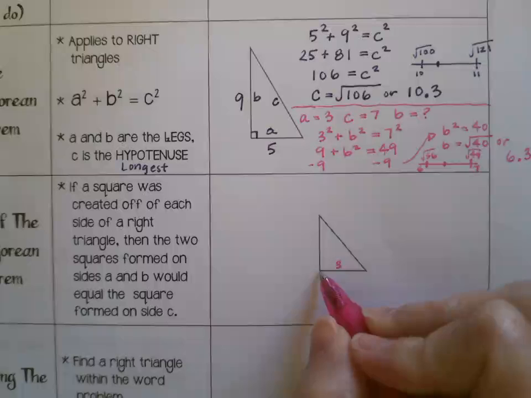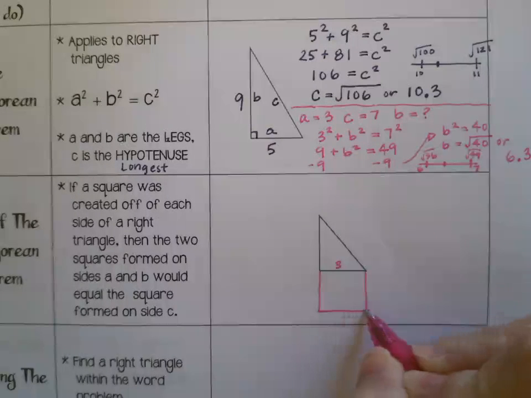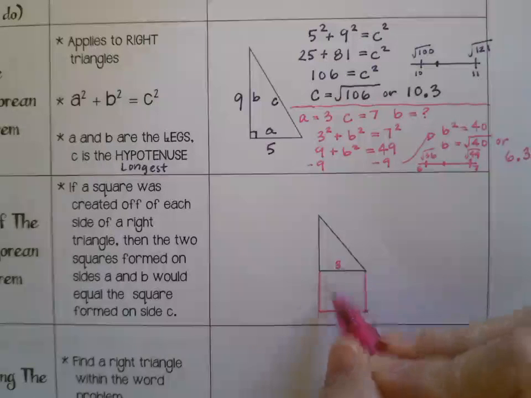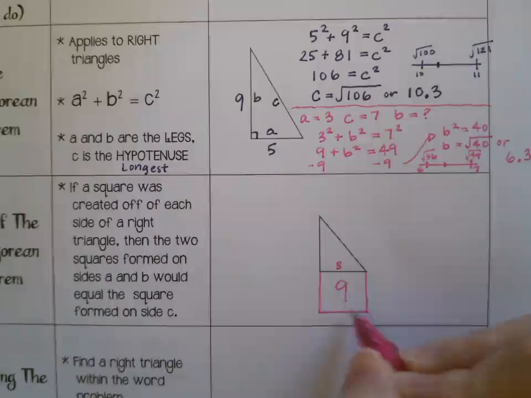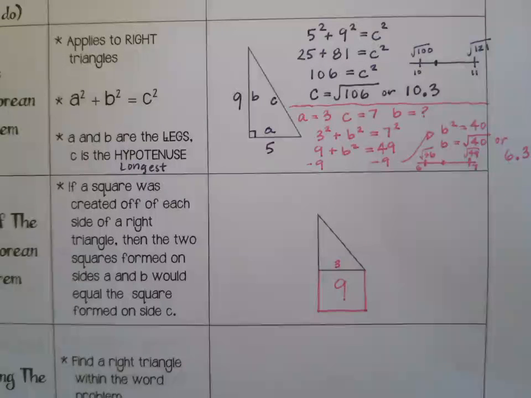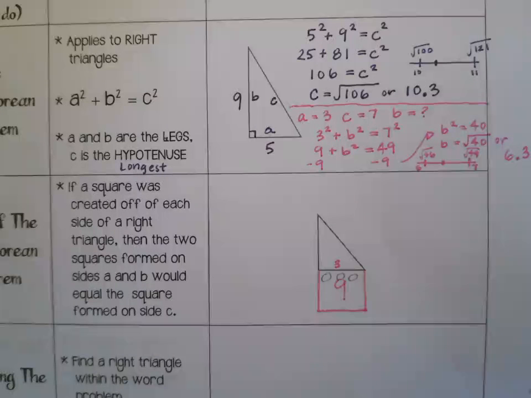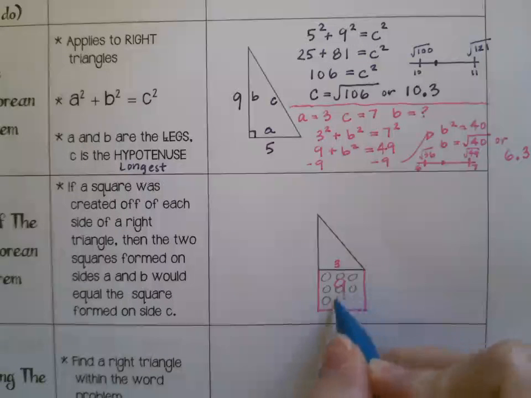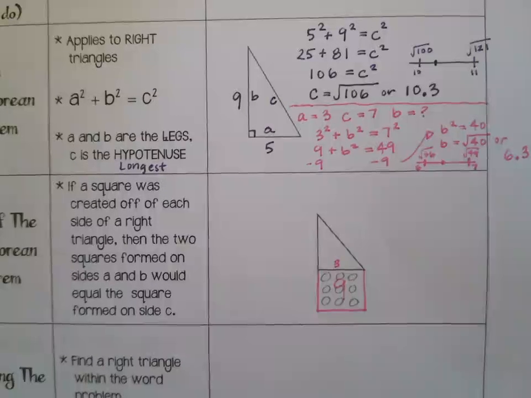If I literally make a square on this side, then this box would have 9 Skittles in it, because I would have 3 going across, and if I have to make a square, I also have 3 going down, which in total gives me 9 Skittles.